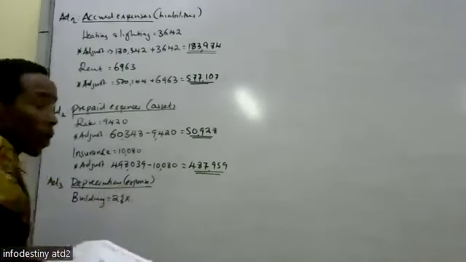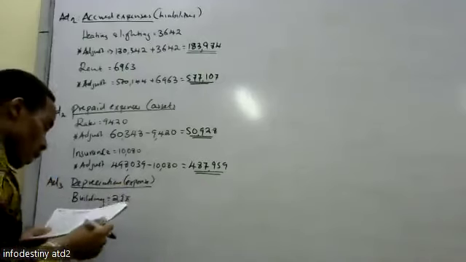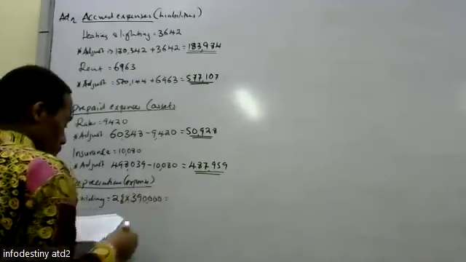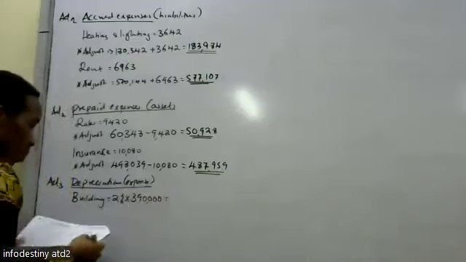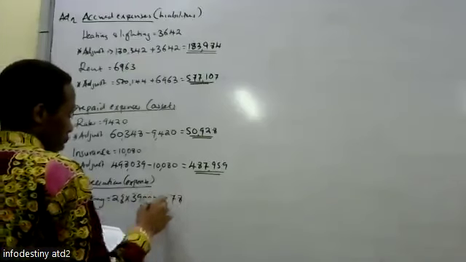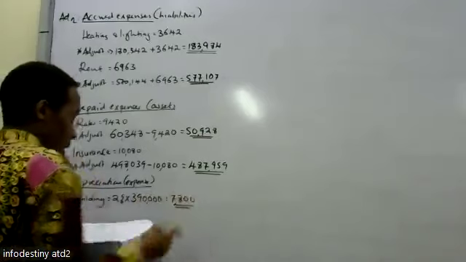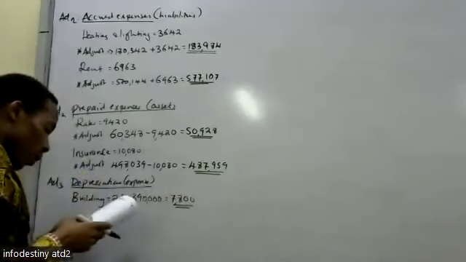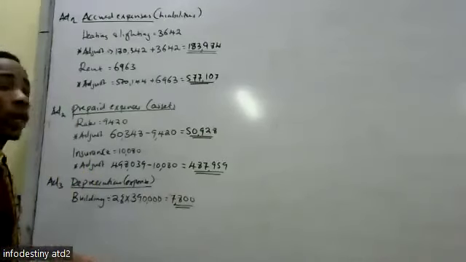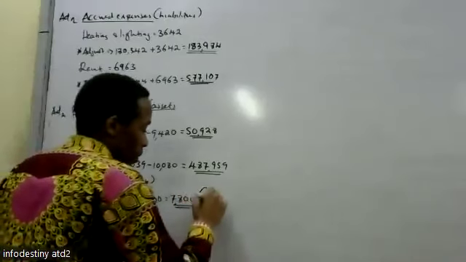That means they were using the straight line method. The cost of building is given as 390,000. So this one will give us 7,800. And we are told it has been allocated to administration. That means it is to be recorded under the income statement.